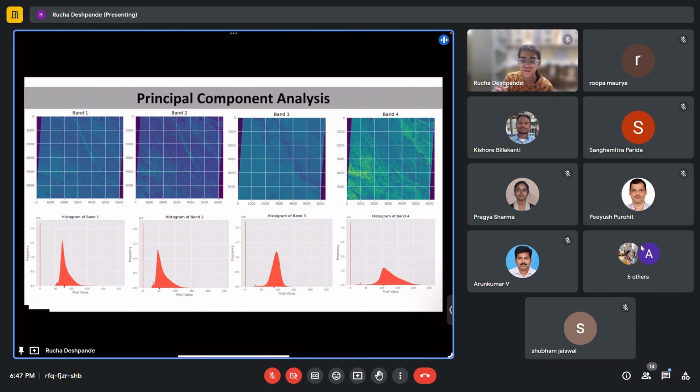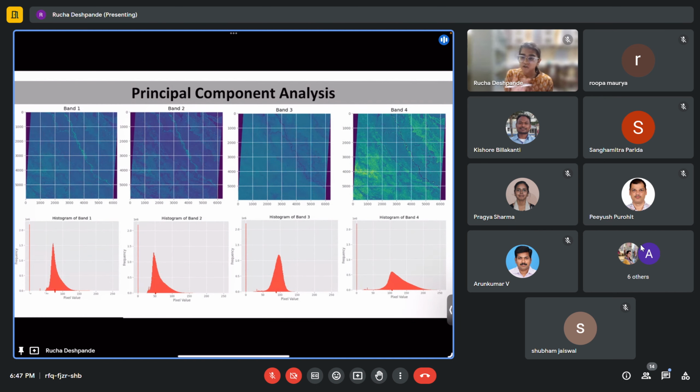For now, just think in terms of the distribution of the histogram. I'm just giving an example. This is a satellite image, so based on which satellite it's taken from, the blue, green, red would differ. Here I'm not sure what exactly these bands are, so we do not need to think in terms of that here.